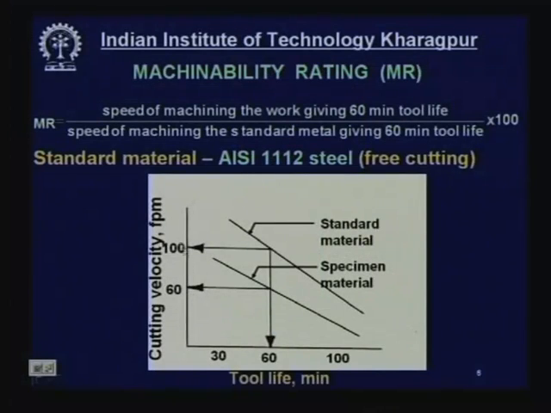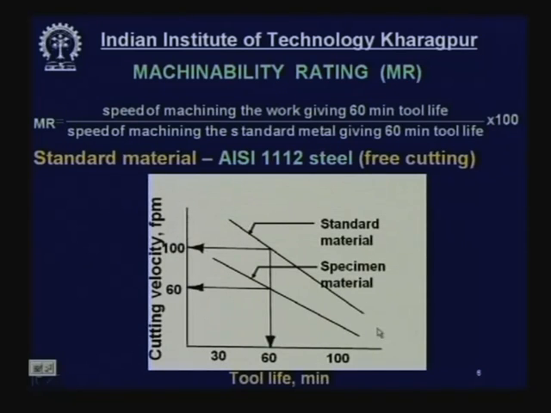So, 60-minute tool life is the standard taken, and the speed at which it is obtained is the measure of machinability. In this case it will be say 60 divided by 100, that is 0.6, which multiplied by 100 gives the machinability rating in percentage, say 60, for this particular material under consideration.